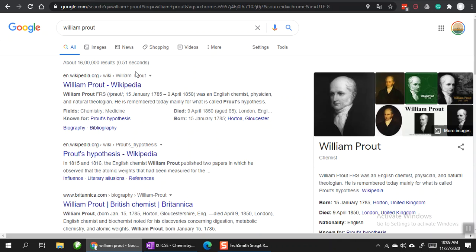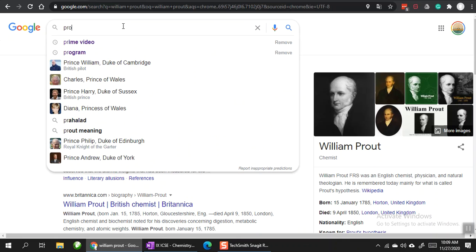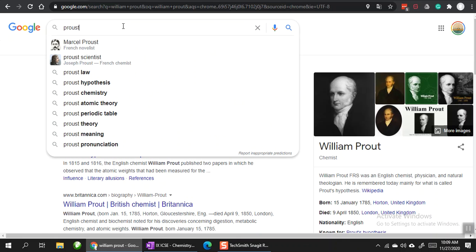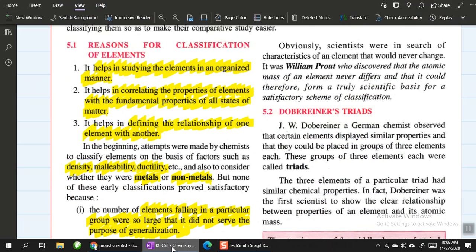I'm going to read about Prout in the chapter, but let me also show you who was Proust. Joseph Proust was a French chemist. So that was a French chemist, and what they are talking about is William Prout.